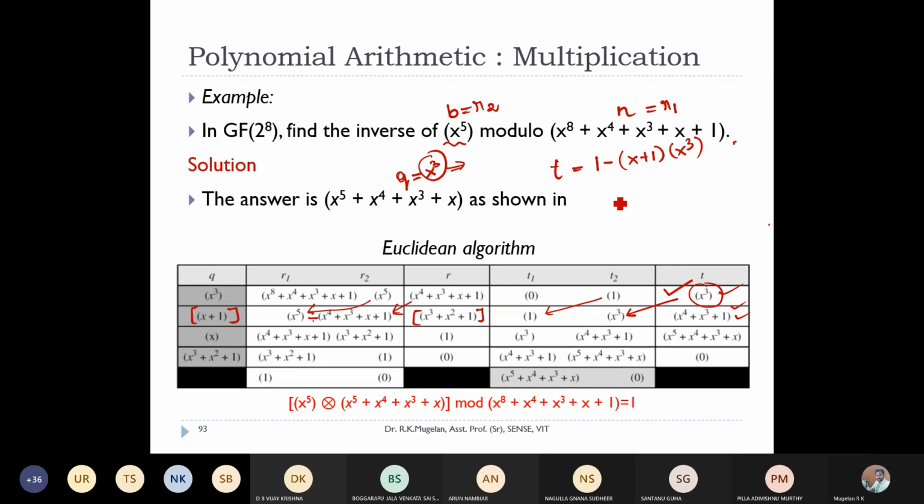So here 1 minus x power 4 minus x cube. So this minus, if you convert them into plus, we'll be getting x power 4 plus x power 3 plus 1. I hope you get the point. Is it clear?